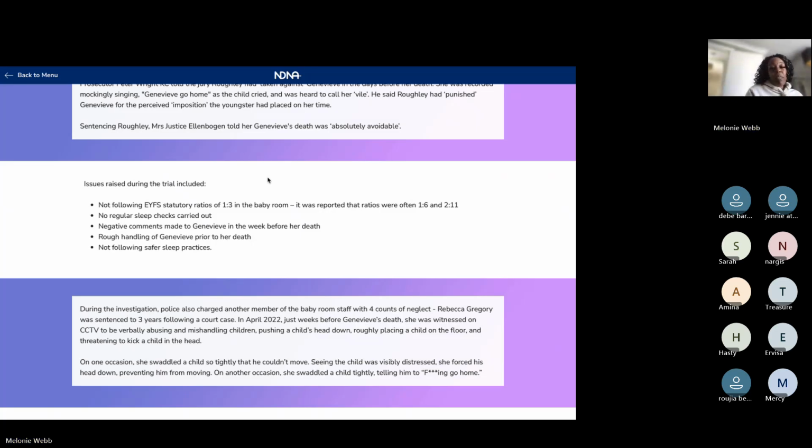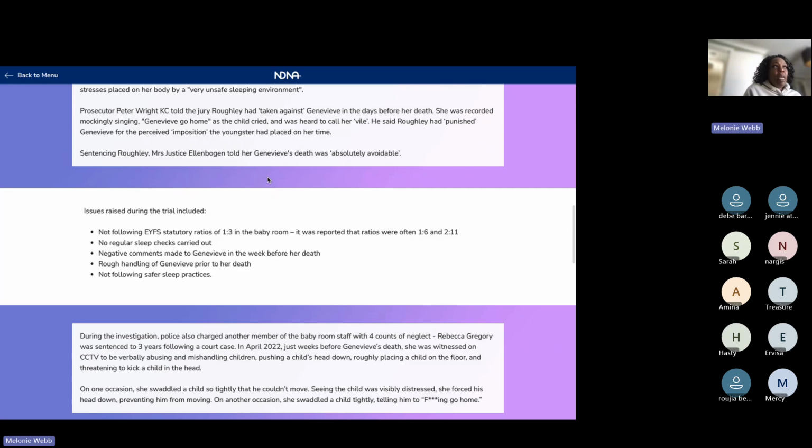And bear in mind, since this was in 2022, in the 2021 EYFS they actually stated that ratios could be nursery wide. So as long as you have the appropriate amount of people on site, then you were covered. But to leave 2 adults or even 1 adult with 6 children is absolutely astonishing. No regular sleep checks were carried out. Sleep checks, for reference, should be every 10 minutes.